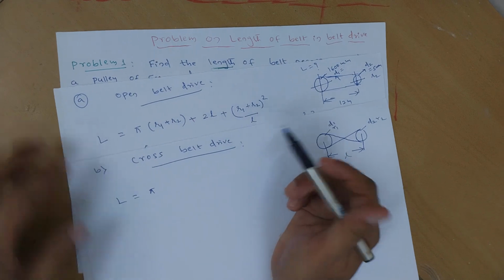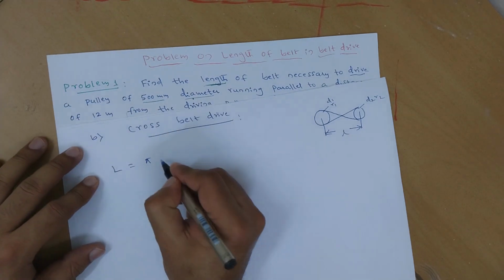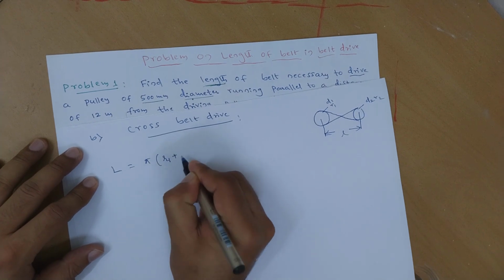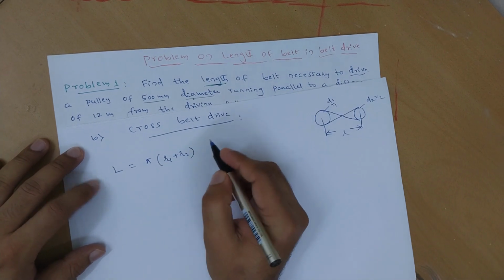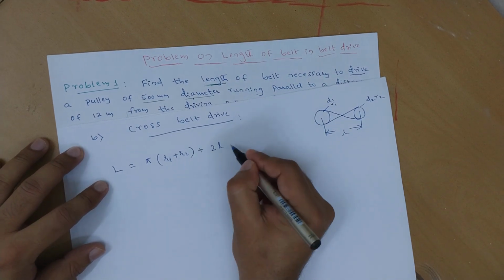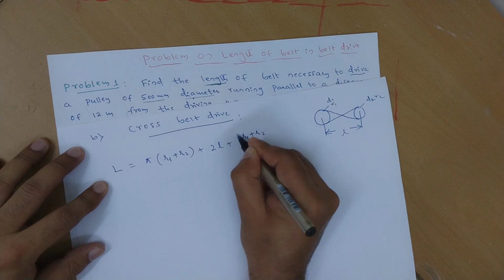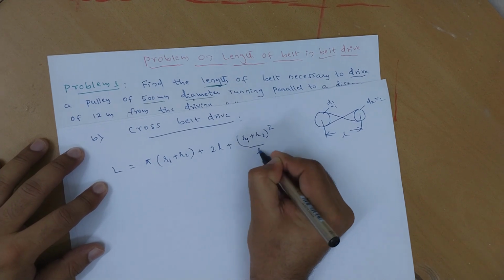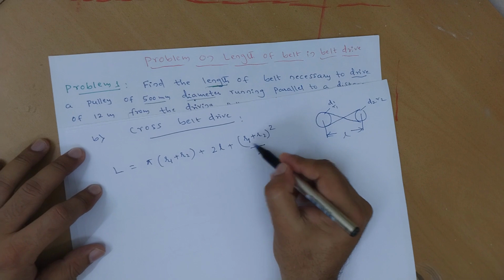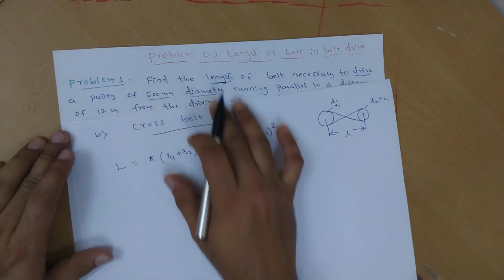So I will write pi into R1 plus R2, the same as before, plus 2 times L, also the same, plus R1 plus R2 whole square divided by L. Only the sign changes. You need to remember that. Now substitute the values.